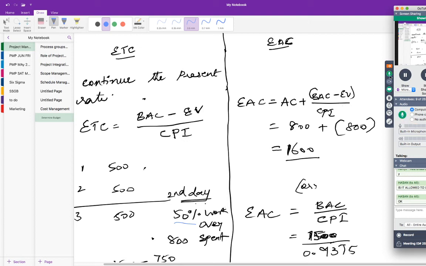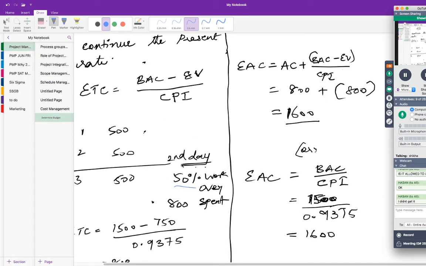Do you get the question? Let me repeat it. You have got some actual cost already. Look at this problem: you are on the second day, 50% of the work is over, and your actual cost is 800.